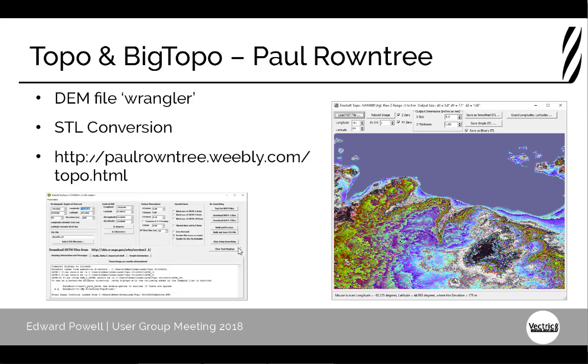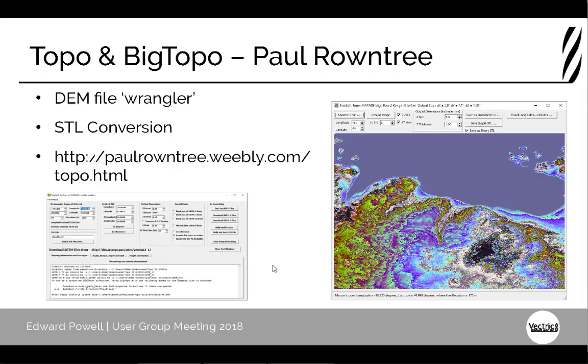On the upside, some of you will know Paul Roundtree, who's a contributor to our gadgets, and he's actually written quite a mature product now. It's been around for quite a few years off his website, paulroundtreeweebly.com. Here you can go and have a look at his gadgets, and in particular he's written a couple of little apps that take those DEM files in and do an STL conversion for you, allowing you to fill in data in your areas and location data in a friendlier way.